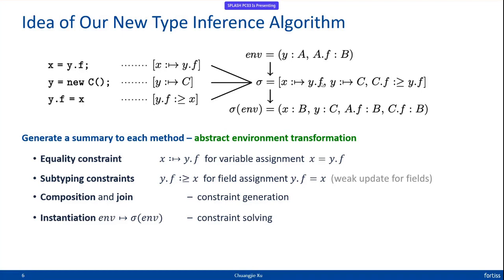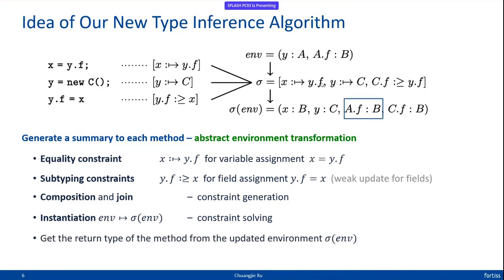This is what I call the instantiation of the transformation, and this corresponds to constraint solving in some constraint-based analysis. And lastly, you have the updated environment, so you will be able to derive the return type of your program from it. For example, suppose now my program returns y.f, then you can simply look at the environment here and find that the type must be B.